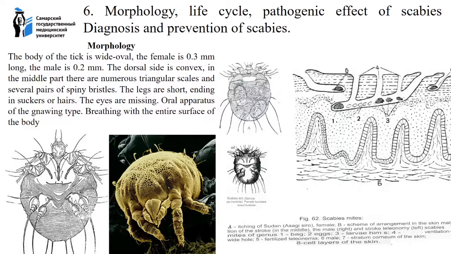Morphology, life cycle, pathogenic effect of scabies itch mite. Diagnosis and prevention of scabies. The body of the tick is a white oval. The female is 0.3 millimeter long, and the male is 0.2 millimeter. The dorsal side is convex.